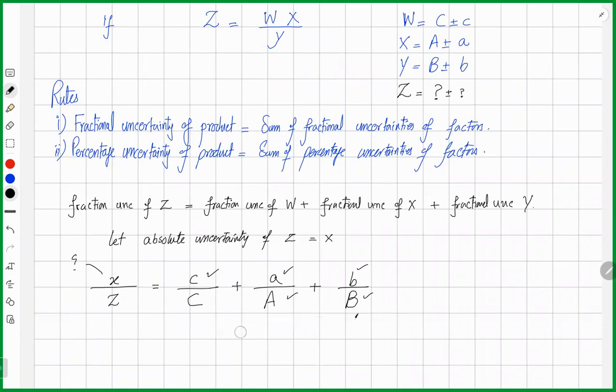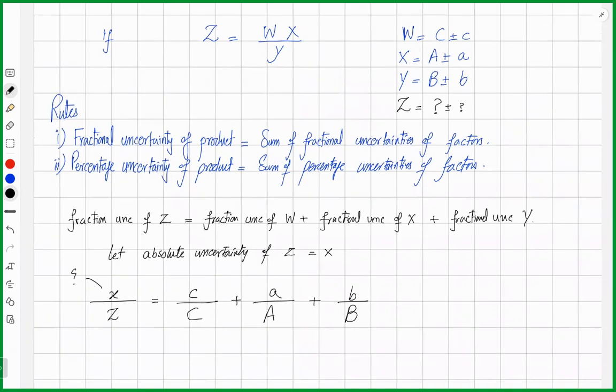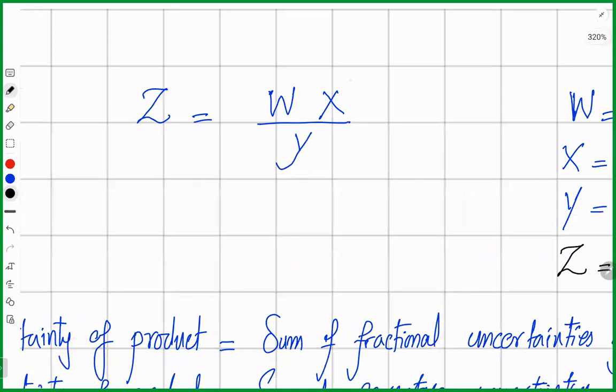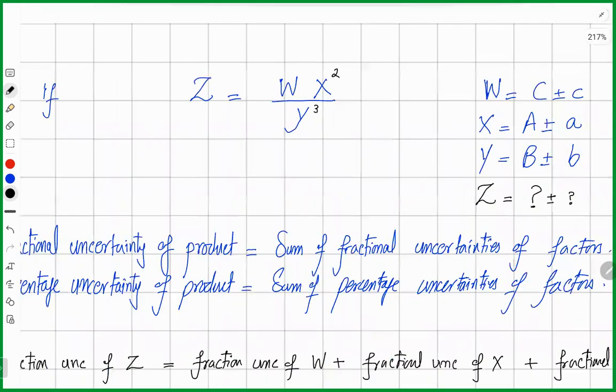So this is a very common question. Examiner is very fond of this thing. This is an FAQ, frequently asked question by the examiner. And this is how we can do it. And one more thing: what if there would be some powers on x and y? For example, if there would be a square on x and a cube on y. Actually, you should not be surprised. It means w into x into x divided by y into y into y.